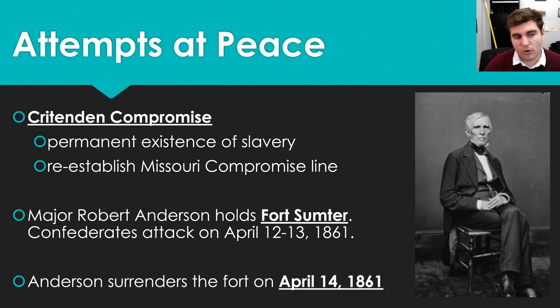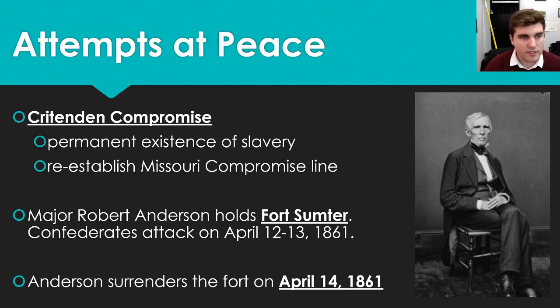As the South secedes and forms the Confederate States of America, there were early attempts at compromise, and you'll remember a lot of those border states saw the writing on the wall that if there's going to be a civil war, this is the area where they're going to fight. And you see that in Kentucky.